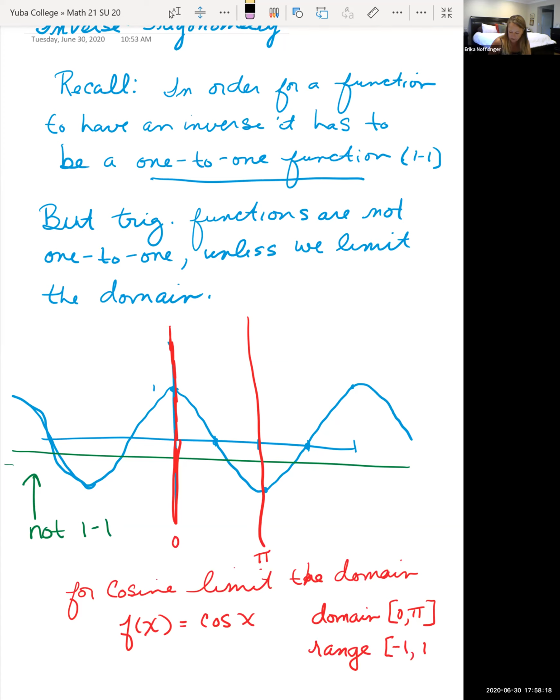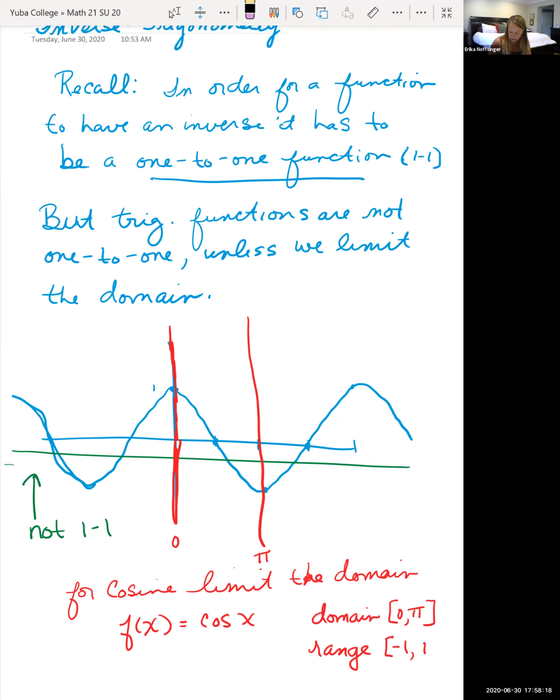So just make sure that you don't do this. Another thing to remember is information about a function and its inverse. When we were solving for the inverse function, we were swapping our x and y values. So the domain of one function is the range of the inverse function, and the range of one function is the domain of the inverse of that function.